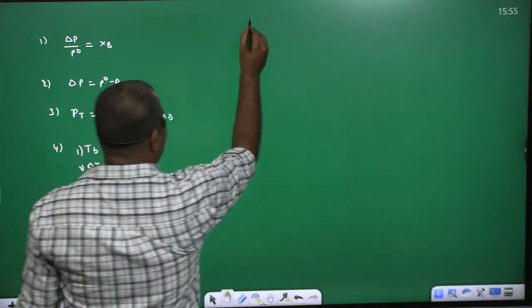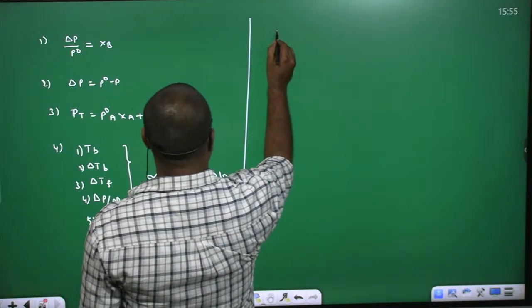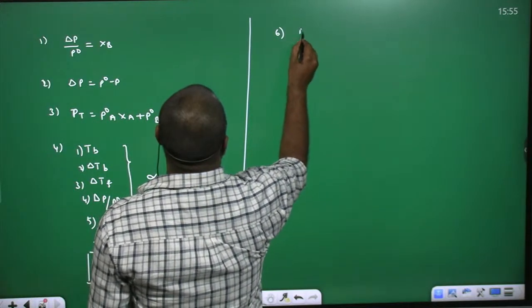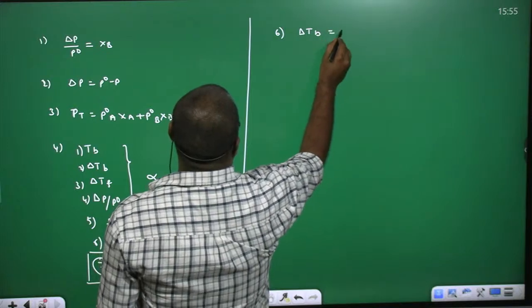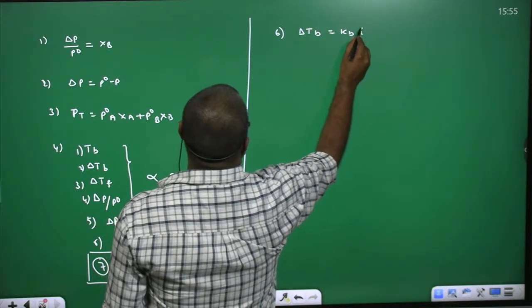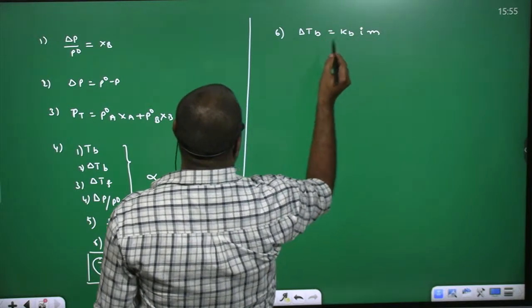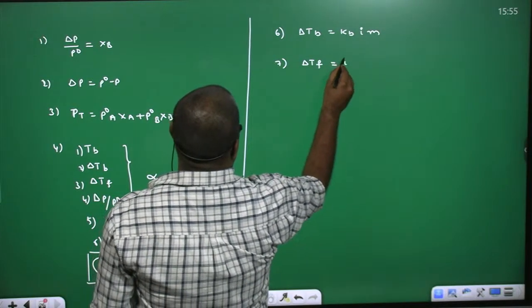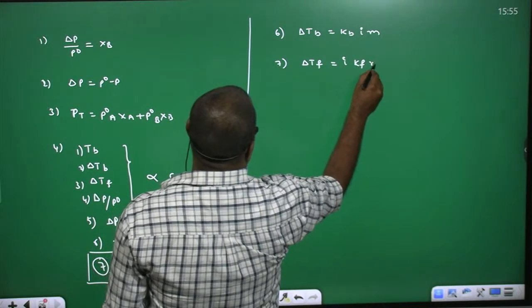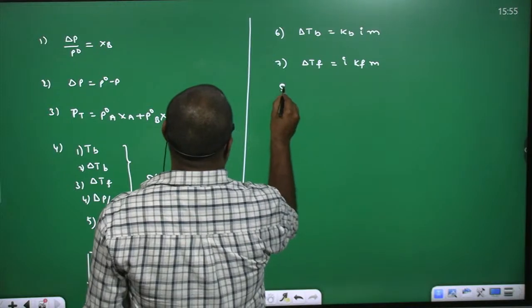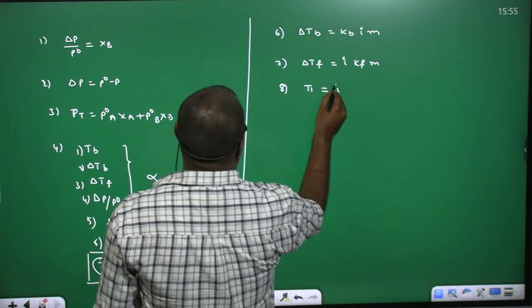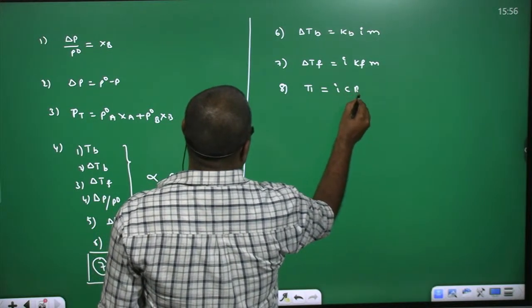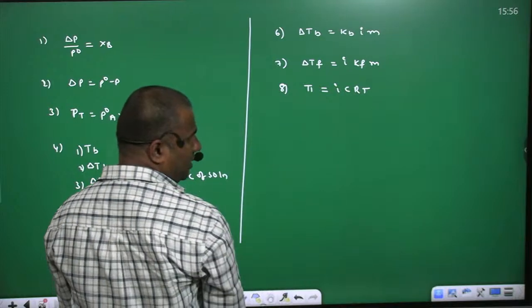So coming to delta TB, how do we write? Delta TB equal to Kb into van't Hoff factor into molality, small m. Delta TF equal to I into Kf into molality. The eighth one, osmotic pressure equal to I into concentration into RT, temperature.